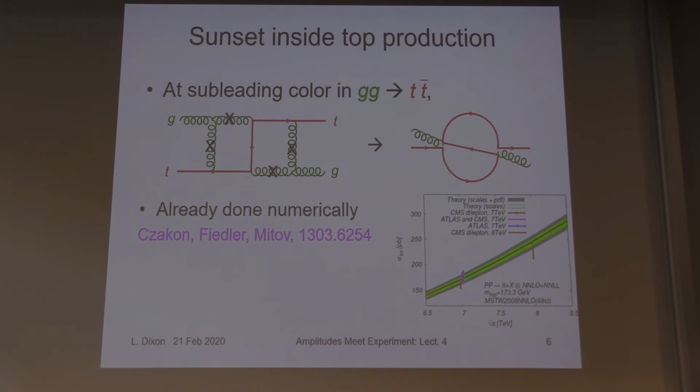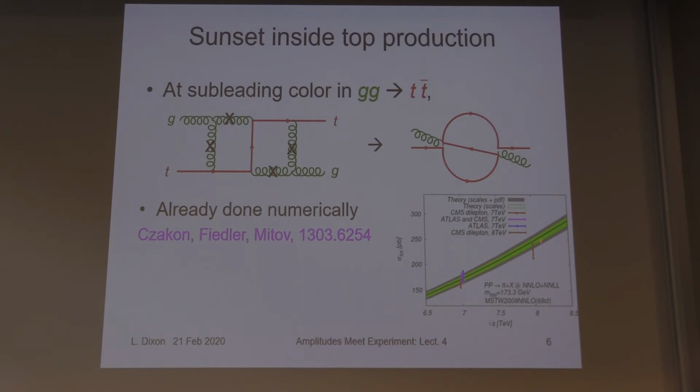So you can make a grid in a 2-dimensional plane, calculate the amplitude through some slow numerical technique, and then fit to the grid and evaluate it faster using an approximation from interpolation between different points. So that's what was done in the case of top quark production.